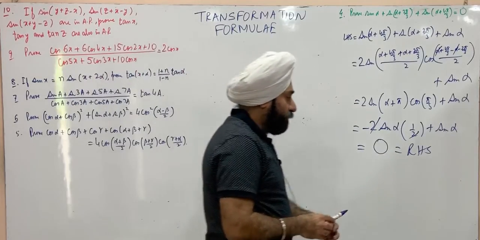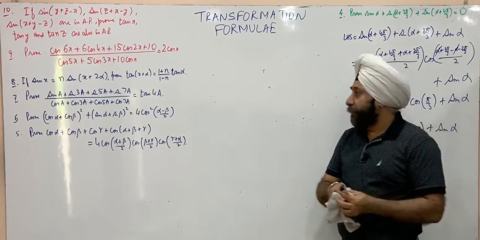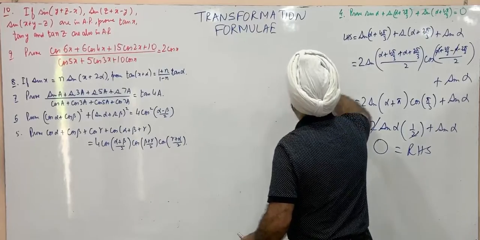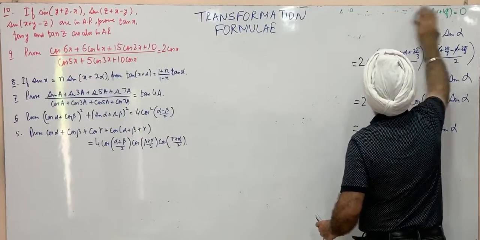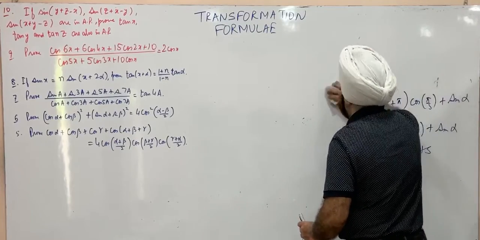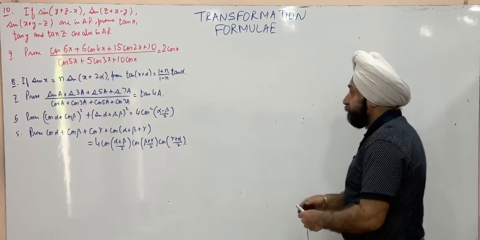Continuing with questions, the next one, we have to prove cos of alpha plus cos of beta plus cos of gamma plus cos of alpha plus beta plus gamma equal to the right hand side.